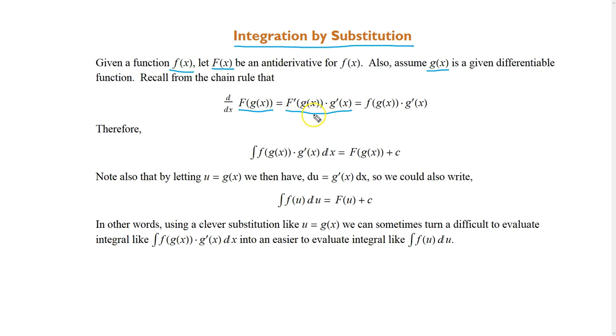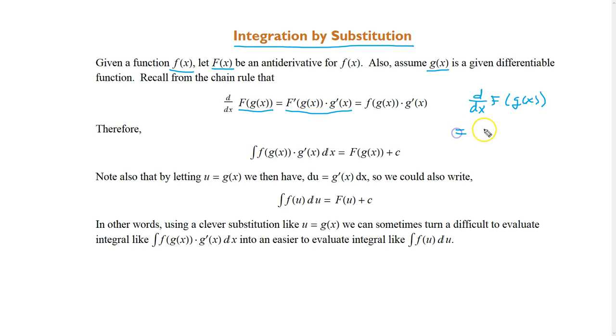Now that's using the chain rule, and going from here to here is basically stating that d dx of F of g of x, just treat the g like the letter u. We often use the letter u in the derivation of the chain rule.